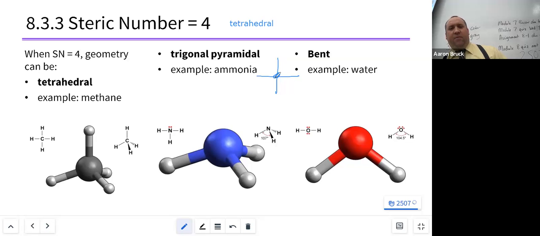where I got my center atom in here, and I've got like a square-shaped kind of molecule like that, we would expect all of these bond angles to be 90 degrees. However, with a tetrahedral shape, the bond angle that we actually get is 109.5 degrees.